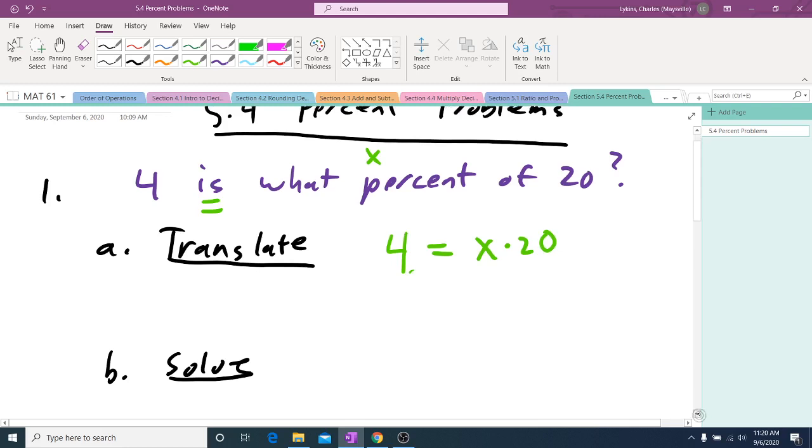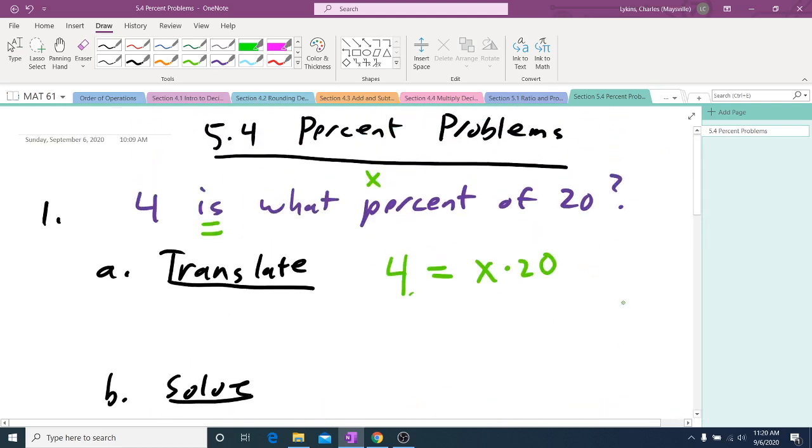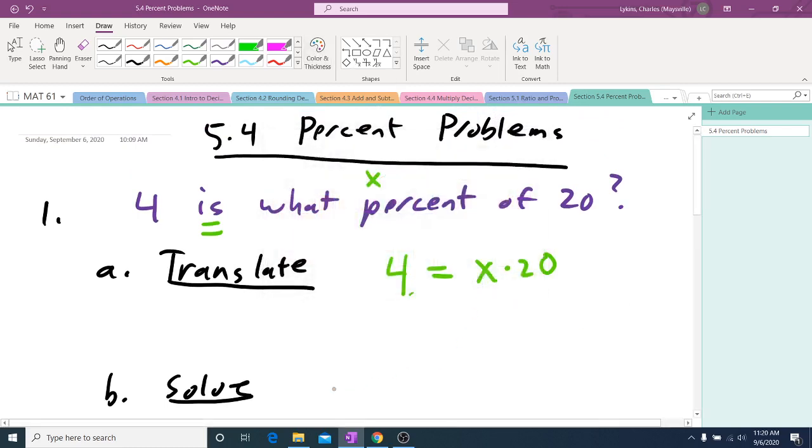Now, solving this, we just solve like a regular algebra problem. We're going to say 4 equals, and I'm going to move the 20 and the X around.